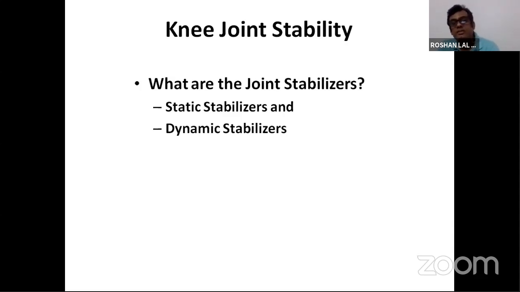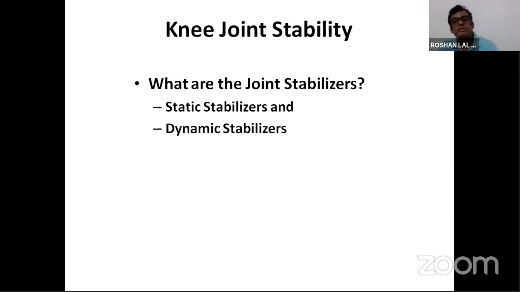Like a 70-year-old individual cannot run as fast as he would in the 20s or 30s. This is because at the age of 70, there are a lot of degenerative changes and osteoarthritic changes in the joint, and because of these changes, the joint is not stable.